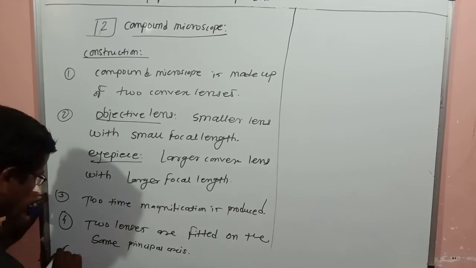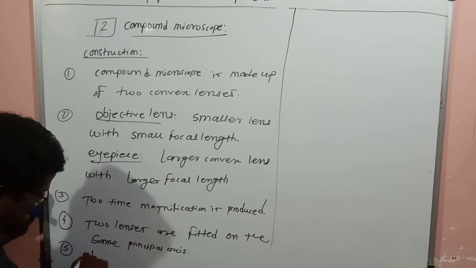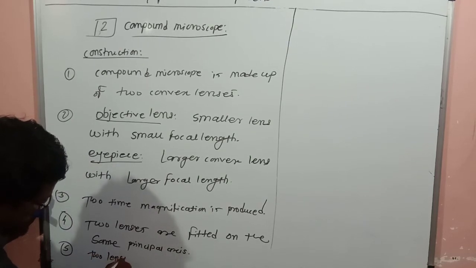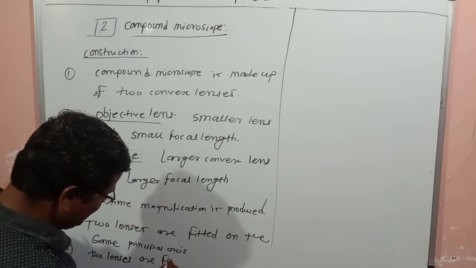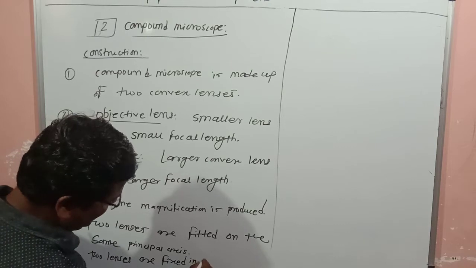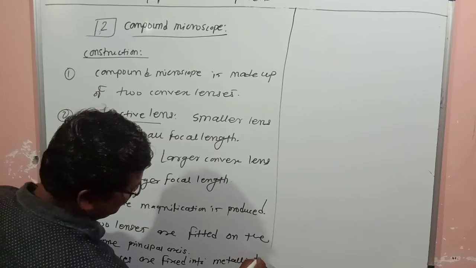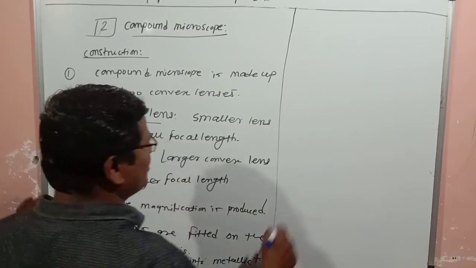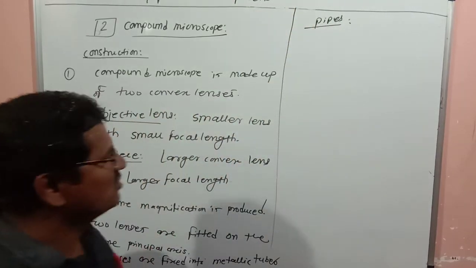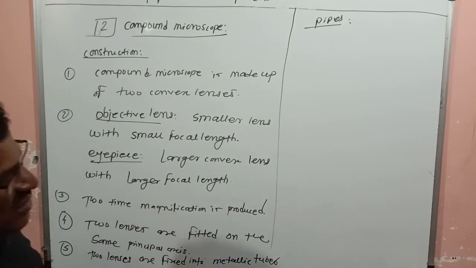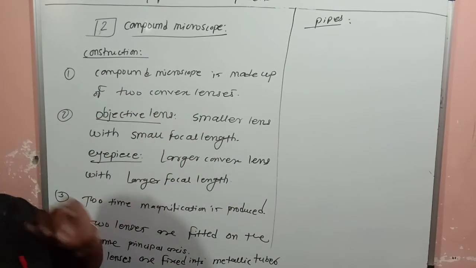Fifth, the two lenses are fixed into metallic tubes or metallic pipes. This is the construction.